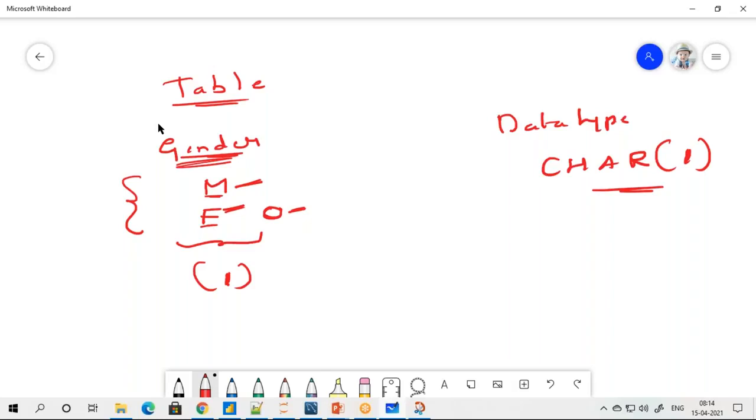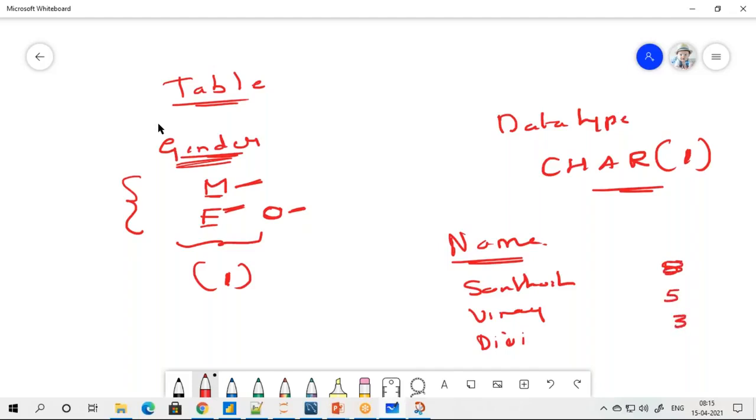Now you tell me, name. My name is 8 characters, yours is 5 characters, this person's is 4, this is 3. This is something variable, it is varying. Here you will use something called varchar.